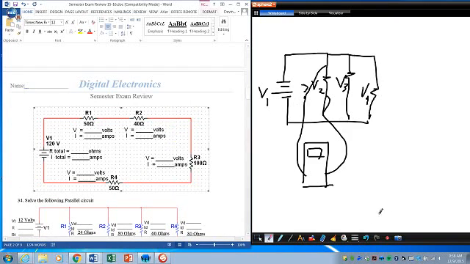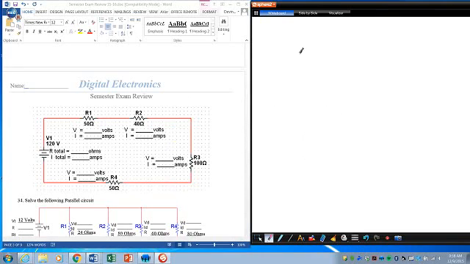Here's the example of that problem. First of all, this is a series circuit, right? And the voltage is 120 volts. Resistors are 50, 40, 100, and 50. The first step you should always do is find the R total.